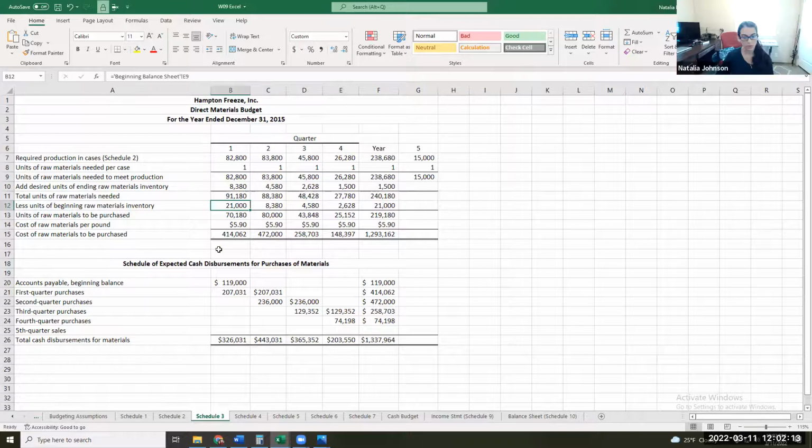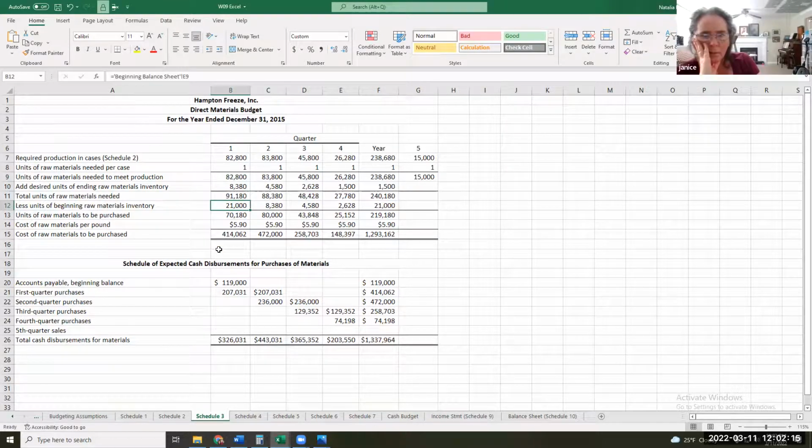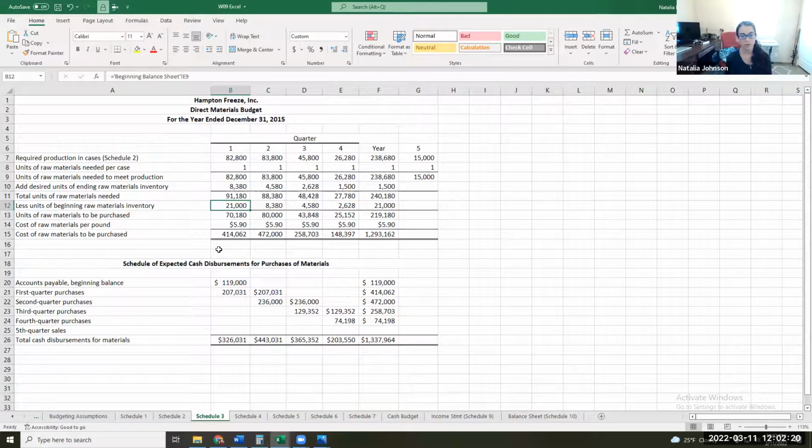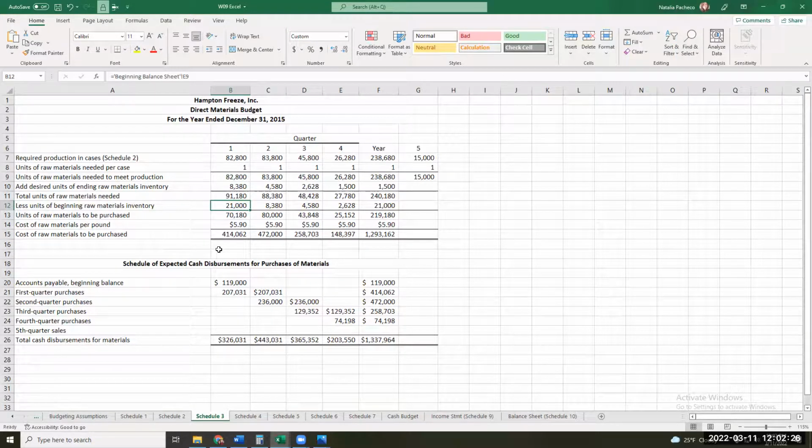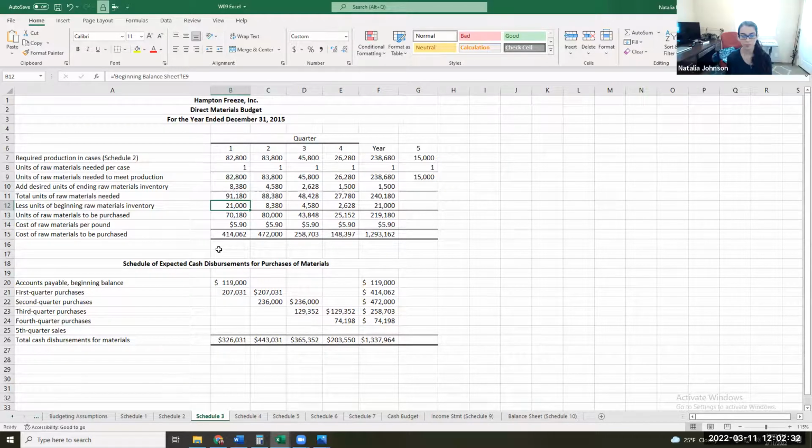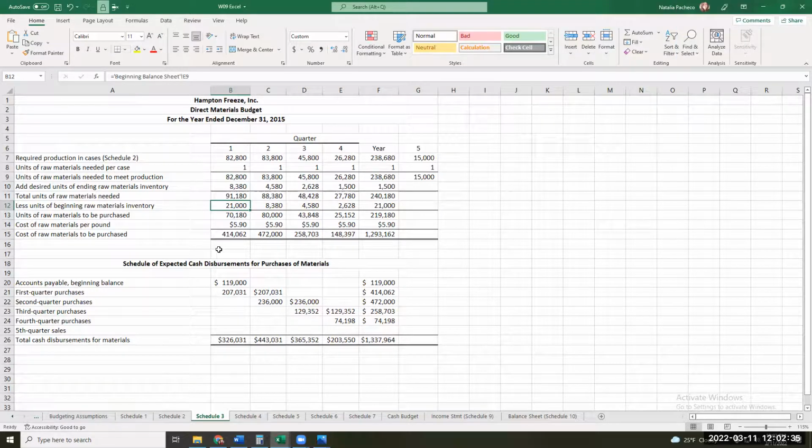Yeah, you have that in the year. For this example, they gave you that number, because it's always going to be what you had in the beginning for the year. It'll always be based on what the first number was.